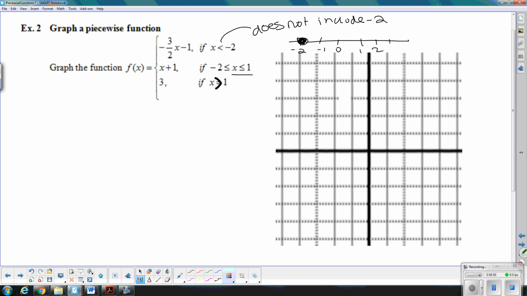So we're going to substitute in -2 in our first equation. -3 halves times -2 minus 1. And this is what our graph is going to look like for everything left of -2.